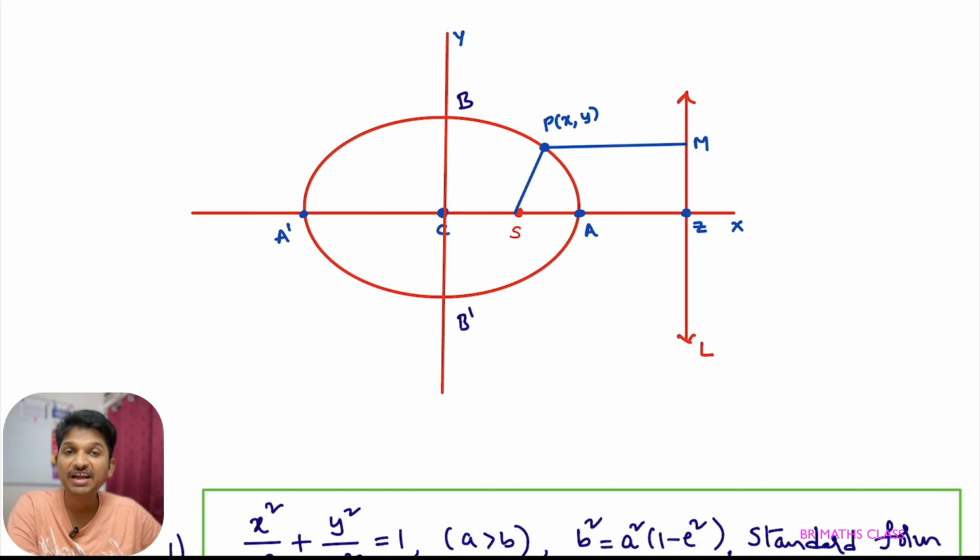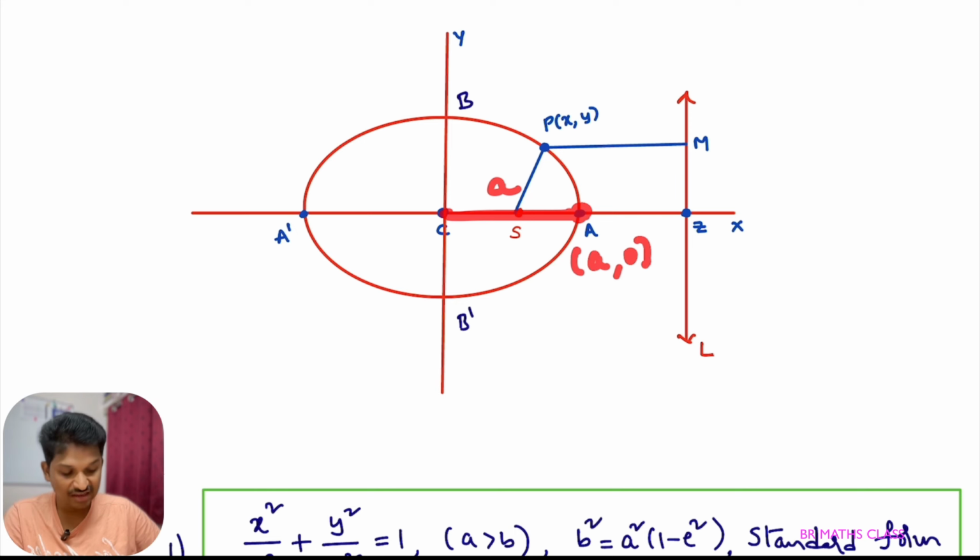Vertices mean the end points of the major axis. In an ellipse, what are the vertices? End points of the major axis. A and A dash are the vertices. As we took CA as A, what is this vertex A? This vertex A is A comma 0. And this is another vertex, on the left side.